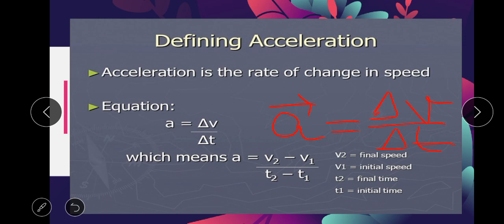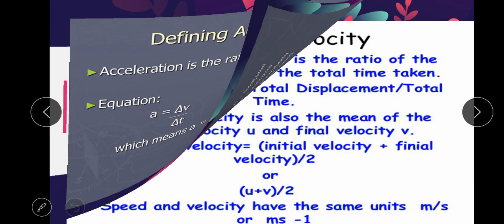This triangular sign denotes the small change in the quantity, which can also be written as v2 minus v1 upon t2 minus t1, where v2 is the final speed, v1 is the initial speed, t2 is the final time, and t1 is the initial time.